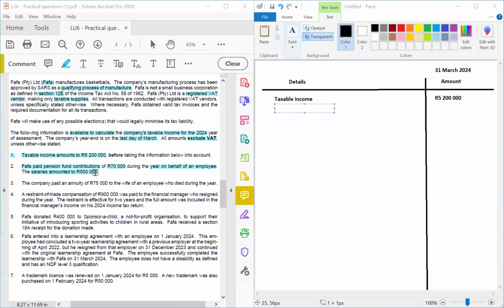So what we need to identify is that FAFA paid the following amount to the employee. That's the crux. Any amount that is incurred by the company for the employee, such as salaries and any pension fund contributions, are deductible, right? We know that contribution to the fund is part of your general deductions.